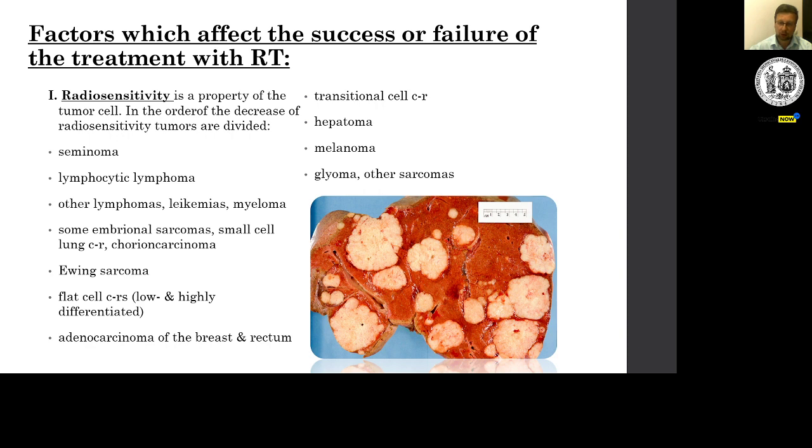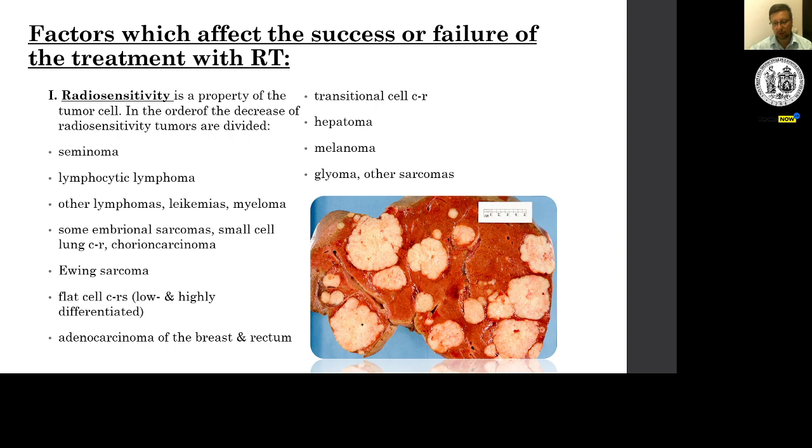It means tumors which originate from tissues with a high proliferative rate will usually have high radiosensitivity. They will respond to radiation therapy very well, like seminoma, lymphocytic lymphoma, other lymphomas, leukemias, and myeloma. Tumors like hepatoma, glioma, and some sarcomas will usually have, unfortunately, very low radiosensitivity.